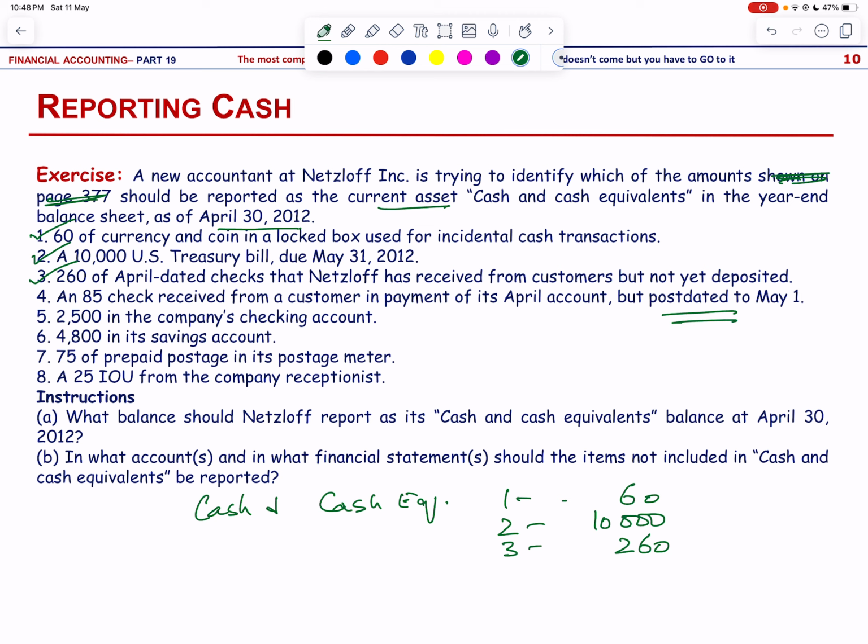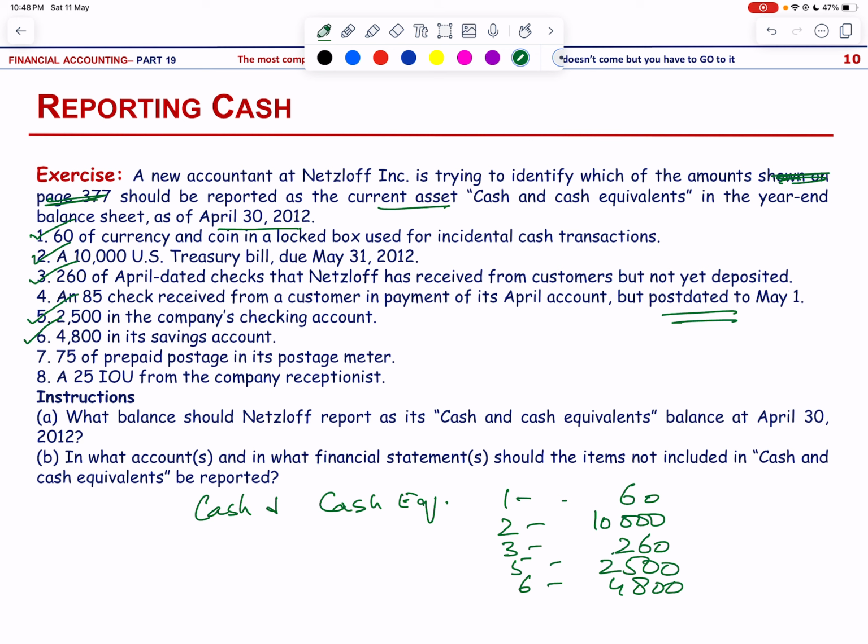So we are not going to include this. This is post dated. Then 2,500 in a company's checking account. So this is again a cash and cash equivalent, 2,500. And then number 6, 4,800 in a saving account. This is also cash and cash equivalent, 4,800.